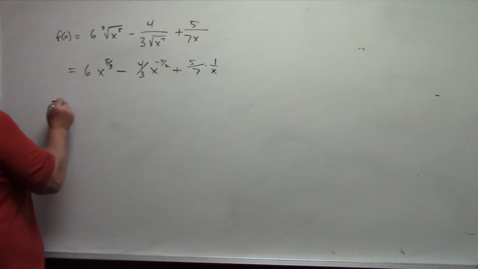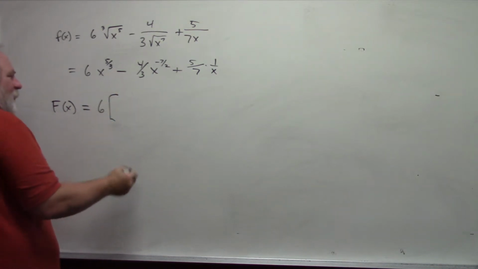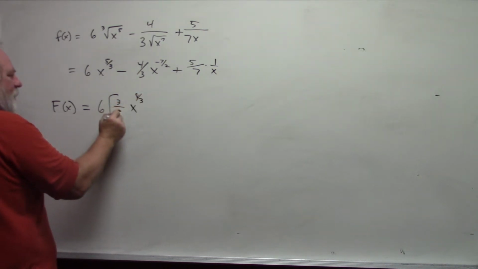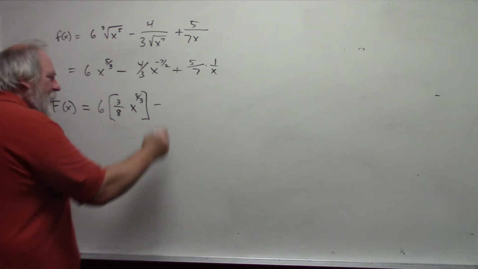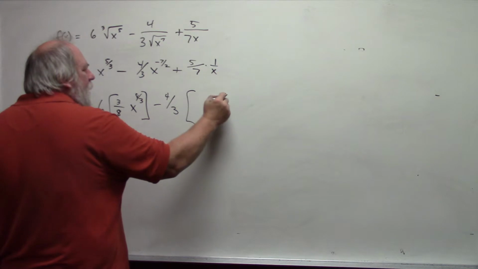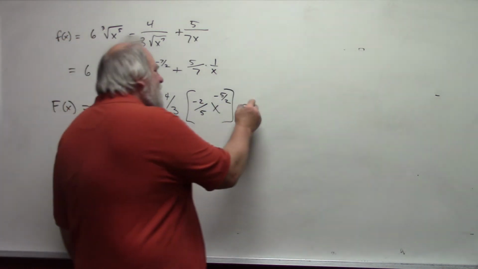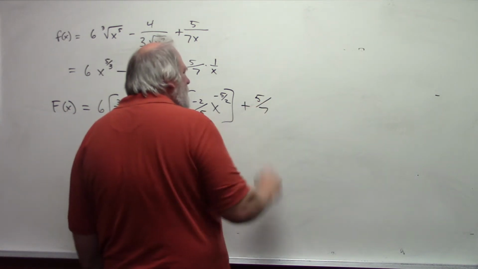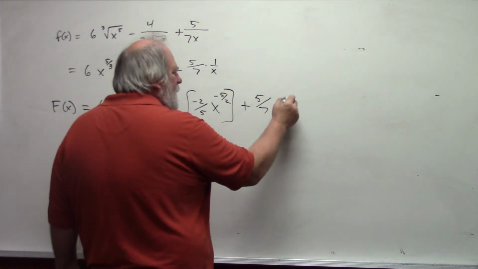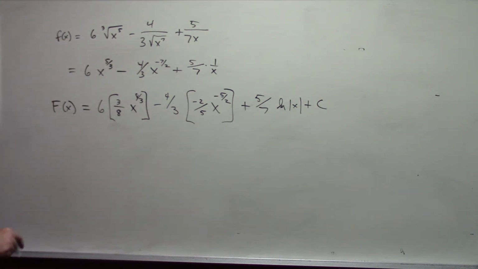The antiderivative, capital F of x in this case, the number stays. I'm going to use my reverse power rule. I add 1, take the reciprocal, leave the number, add 1, take the reciprocal, multiply out front. In this case, this is not a reverse power rule antiderivative. The antiderivative of 1 over x, remember, is natural log absolute value of x, and put a plus c to get the family of antiderivatives.